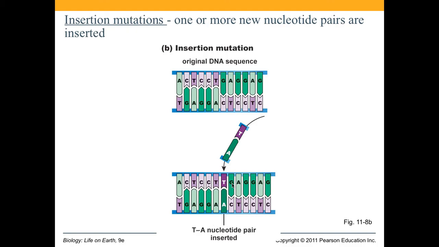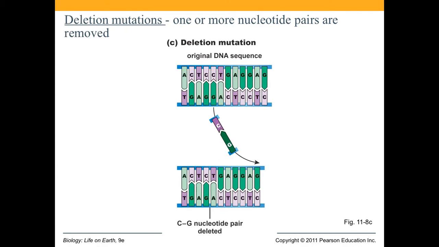So our sequence is the same, except we have a new nucleotide in there, switching things up a little bit. The next thing that can happen is sort of the opposite of the insertion. Instead of inserting a new set of base pairs, one is actually taken out. So here we are missing one of these CG pairs.